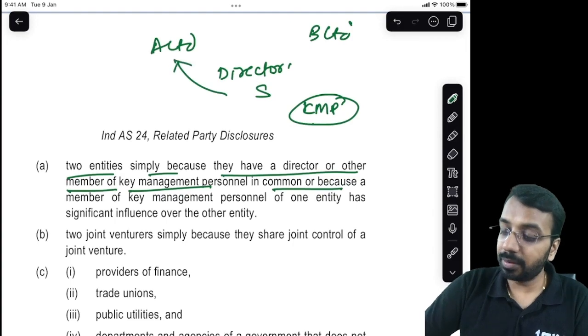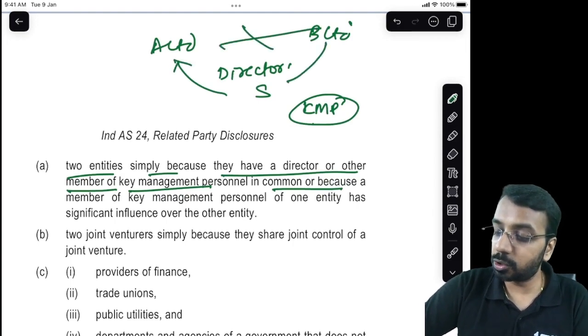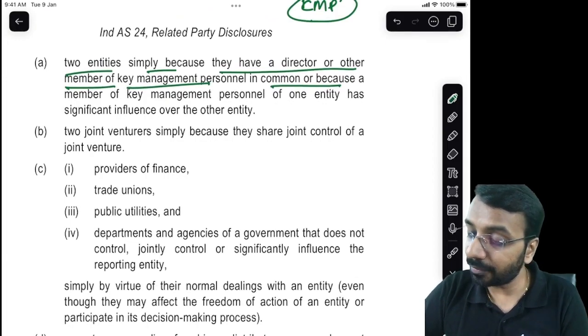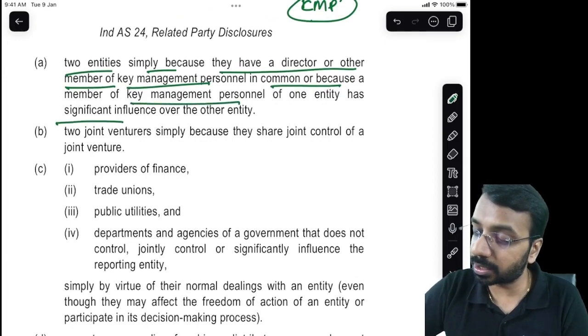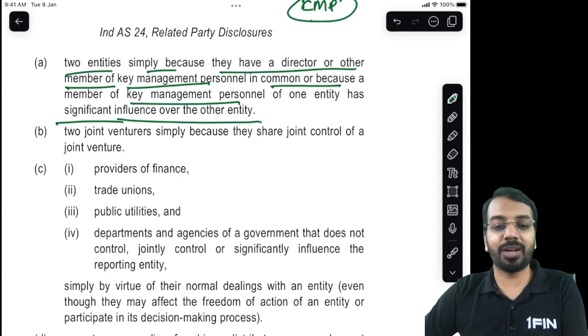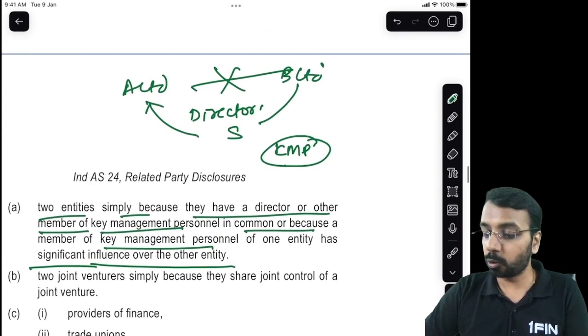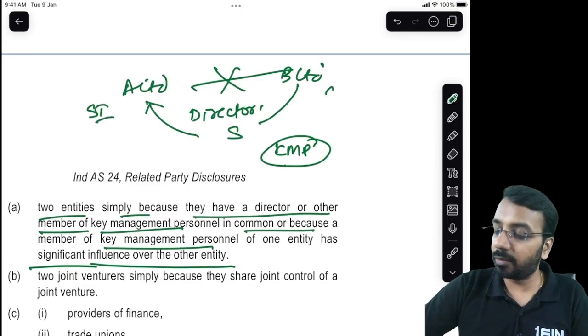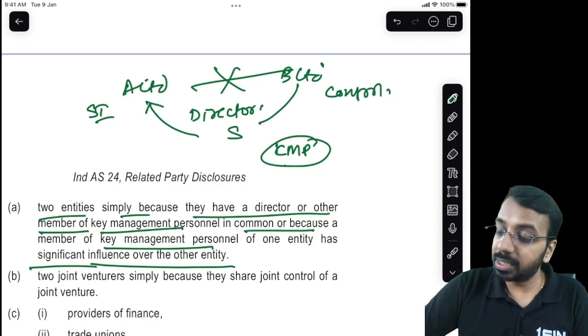Now he may have influence here and here, but these two are not related parties because of this relationship, because they have key management personnel, they have significant influence over the other entity. If in both the cases it is significant influence, it is not a related party. And also, if A Limited is the reporting entity, here there is significant influence and here there is control, this does not fall here.